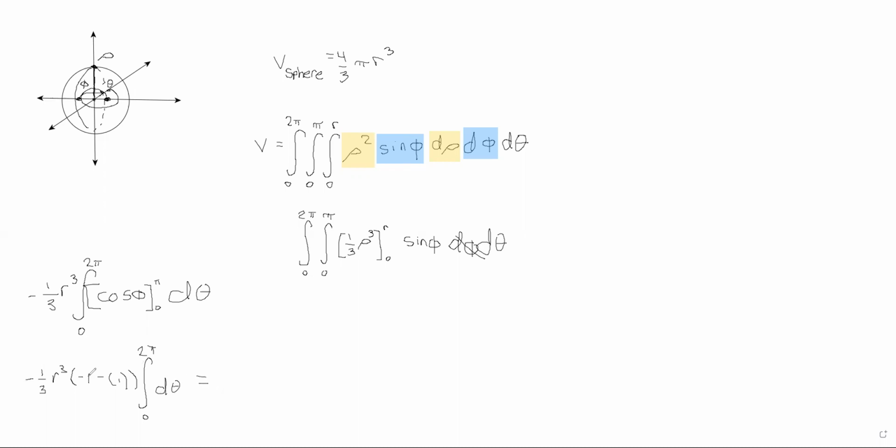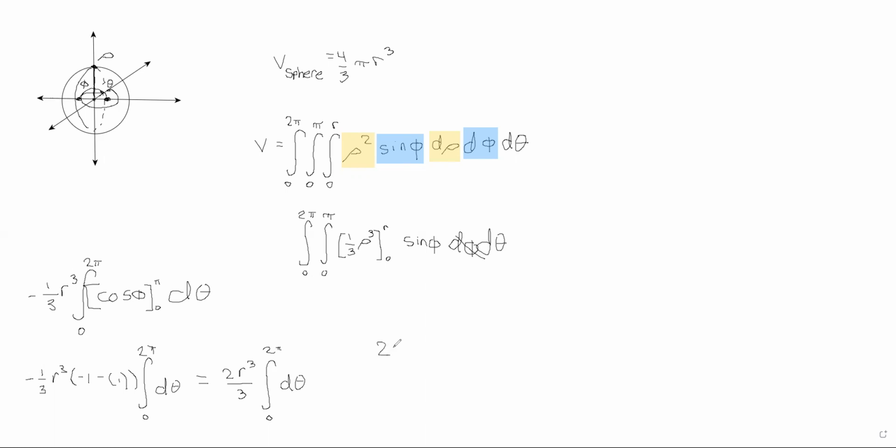So let's simplify things a little bit. This right here is just negative 2. So we have negative 2, and that's going to make it a positive 2 r cubed over 3. And then we have the integral from 0 to 2 pi of d theta. Just like how the antiderivative of dx is x, the antiderivative of d theta is just theta.